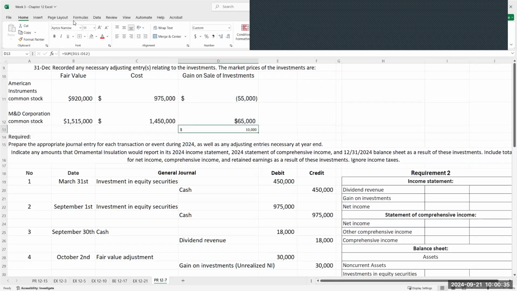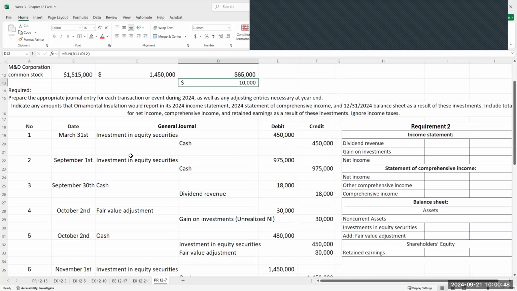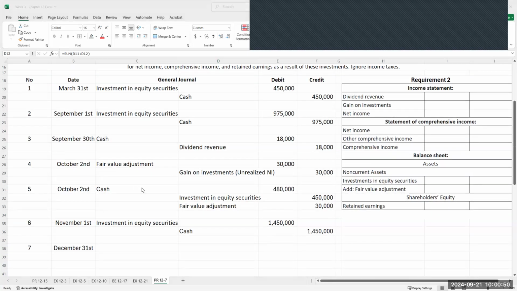So there is a $10,000 overall gain that we need to account for. So we need to record the fair value adjustment to account for this increase. So our journal entry on December 31st, again, is similar to the entry that we saw before. We debit our fair value adjustment for the net increase of $10,000.